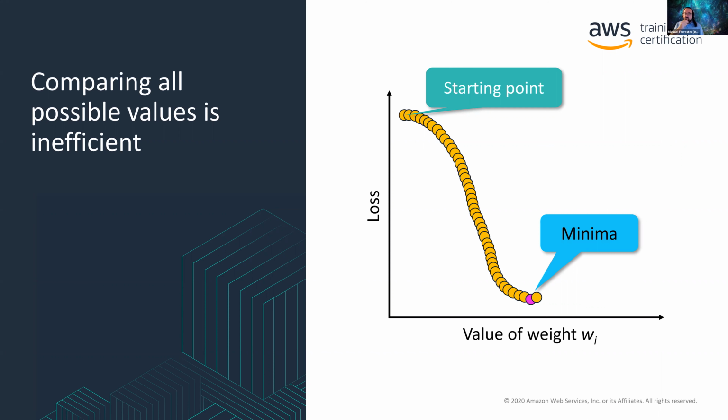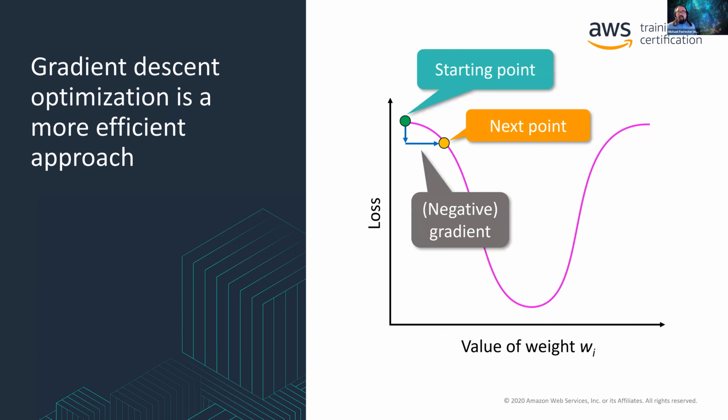So comparing all the possible values to find the minimum is very inefficient. So instead, we use optimization, which is at the heart of a lot of the ML algorithms. For example, one of the simplest techniques is known as gradient descent. The loss function is calculated at that step using the complete data set.